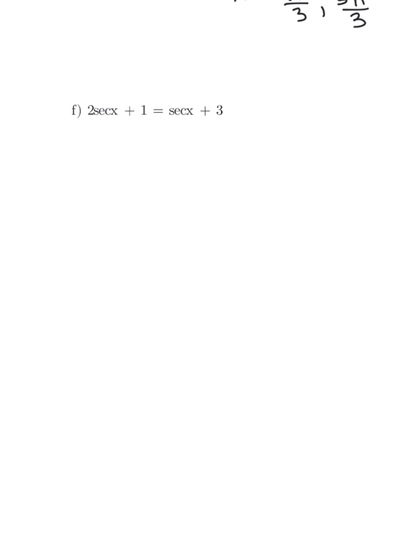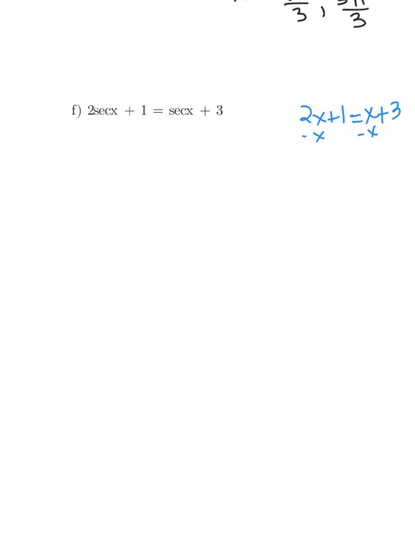On F, we have 2 times the secant of x plus 1 equals the secant of x plus 3. What this is similar to would be if you had 2x plus 1 equals x plus 3. You would subtract x from both sides first to get x's on one side, numbers on the other. So we're going to do the same idea on this problem.